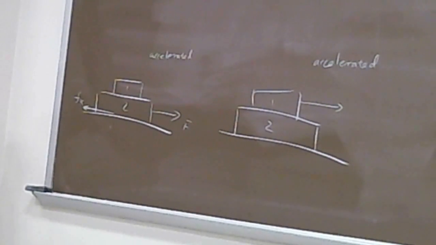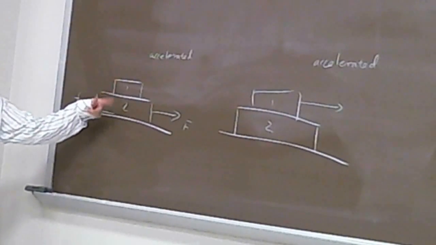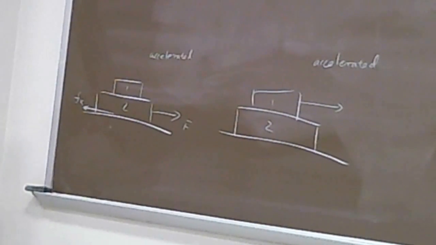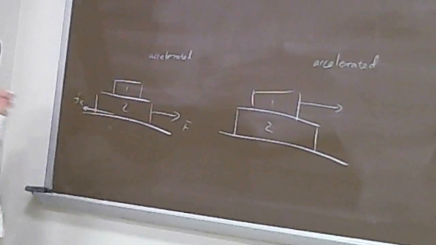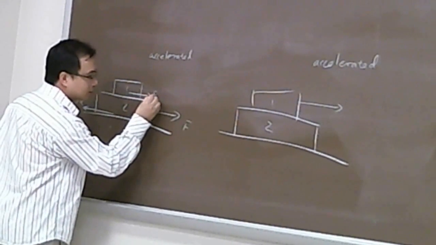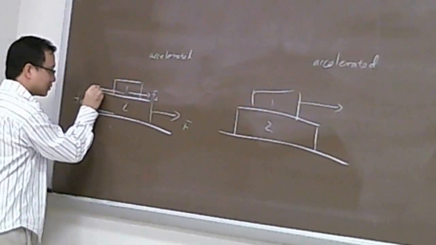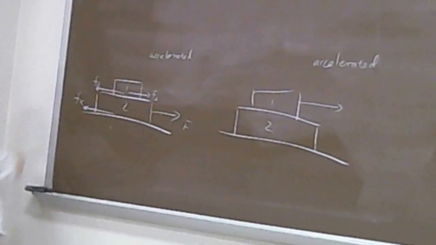Okay. Now, the question is, in this case, do we have some frictional force between 1 and 2? We do. Okay, so you should have some frictional force Fs and Fs. Oh, sorry.